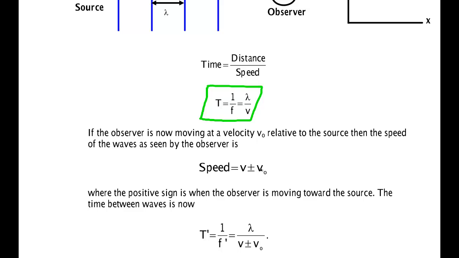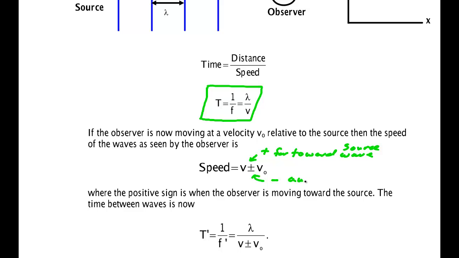If the observer is moving toward the waves, then it's as if the wave has a bigger speed, v plus v naught. If, on the other hand, the observer's moving away, just like if you run away from the baseball, the ball takes longer to get to you. It's as if it moves slower. So you have a minus sign. So the plus is for towards, or more precisely, toward the source of the wave.